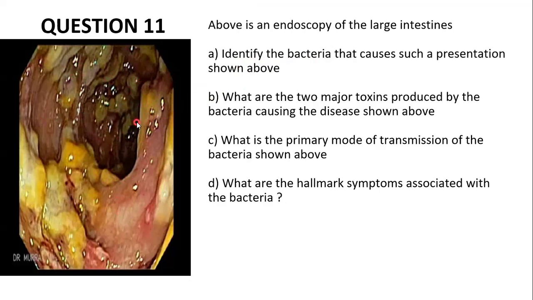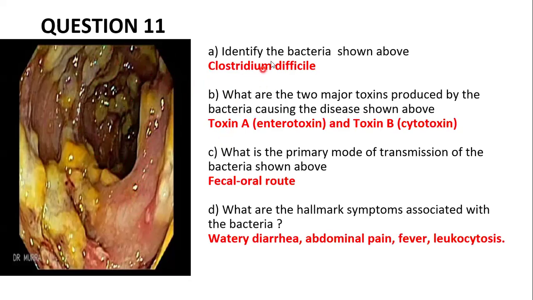So what happens is it can be due to the death of normal flora in the large intestines due to maybe overuse of antibiotics, for example, clindamycin, ampicillin, and cephalosporins. They kill the normal flora of the large intestines, leading to the overgrowth of Clostridium difficile. Now, Clostridium difficile has a toxin that is going to cause such a presentation. So the bacteria is Clostridium difficile.